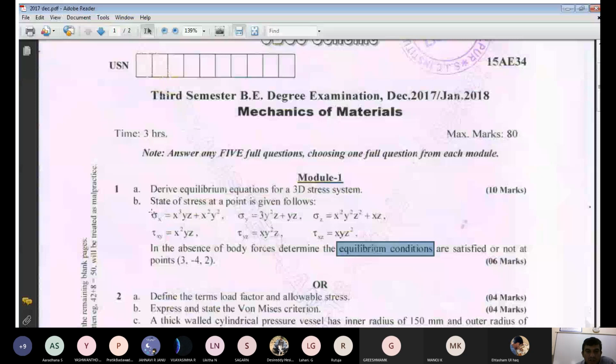Then take any one equilibrium equation: the summation of dou by dou x sigma x plus dou by dou y tau xy plus dou by dou z tau xz. Differentiate, substitute, and check that it is equal to 0. If the left hand side is equal to the right hand side, it is satisfied. If it is not equal to 0, then it is not satisfied here. That is a 6 marks question.